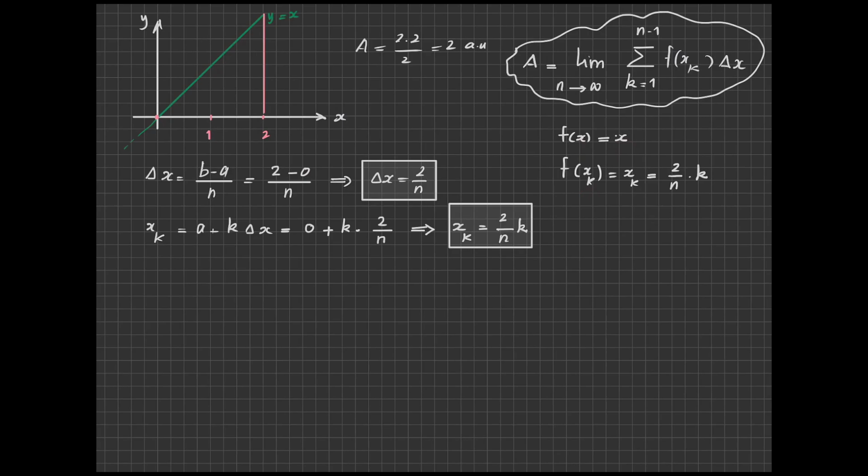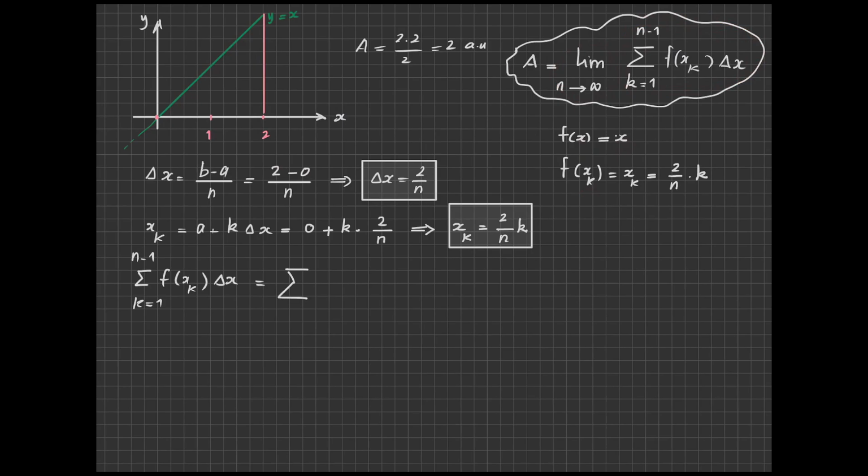Everything is ready. So if you don't mind, let me just write the sigma part for the time being. After I calculated the sigma, in order to solve the problem, I have to take the limit. So first, I concentrate on calculating this sum. The sum of x sub k delta x, k goes from 1 to n minus 1, is equal to sigma.